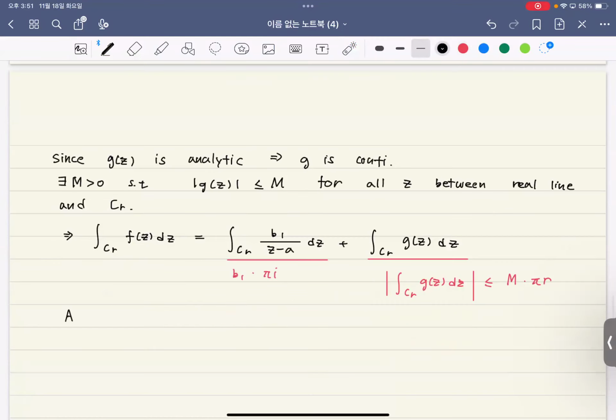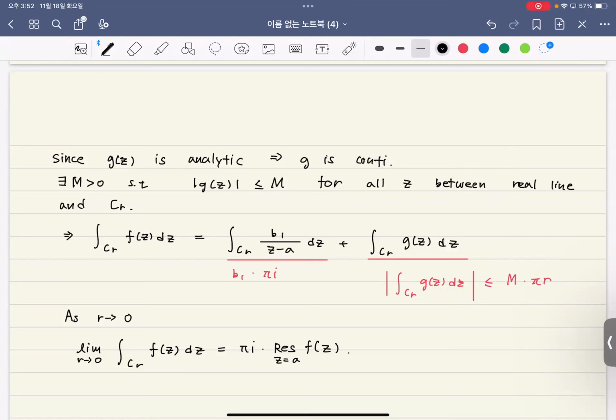So as R goes to 0, the integral is pi times i times the residue of f of z. Correct. All right.